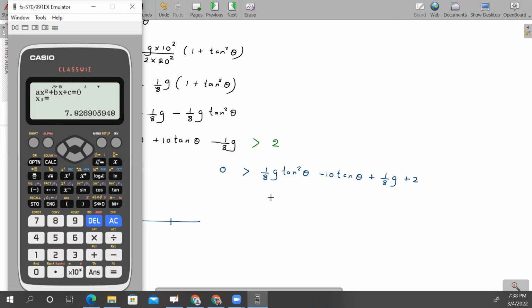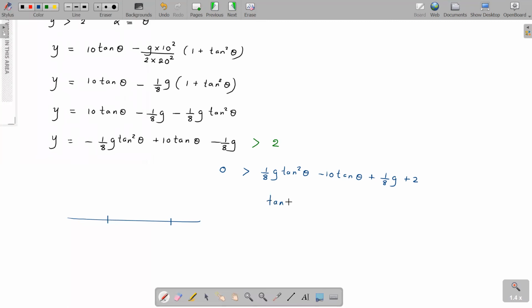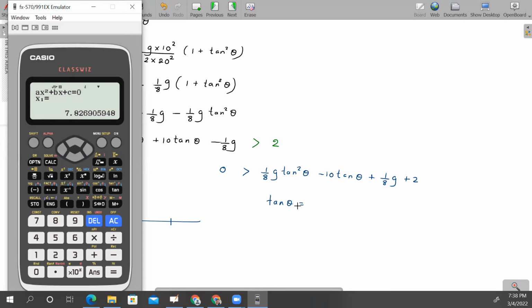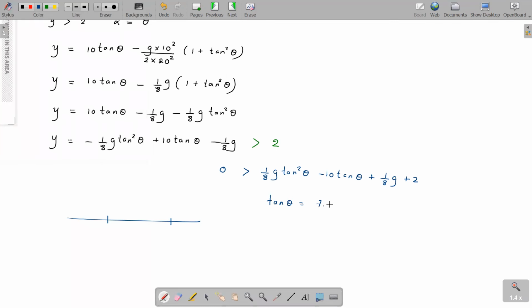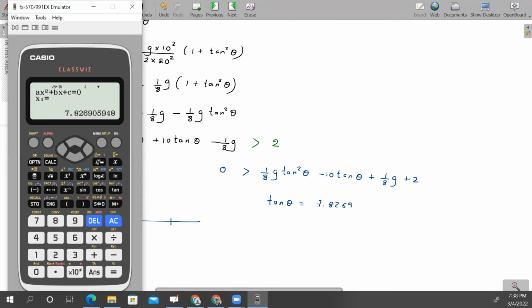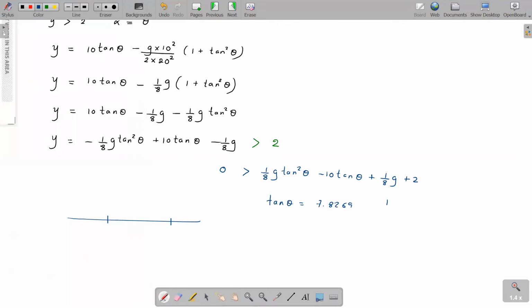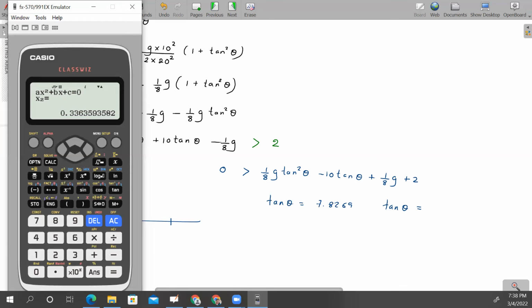What are the values we get here? For tan theta, one value is 7.8269. And the other value is 0.33635.